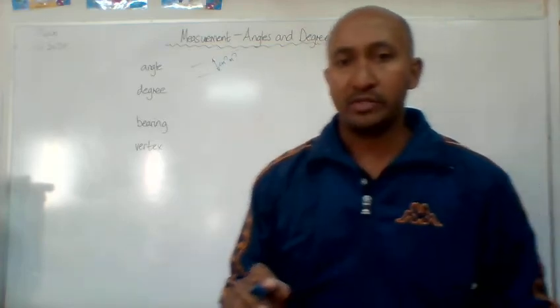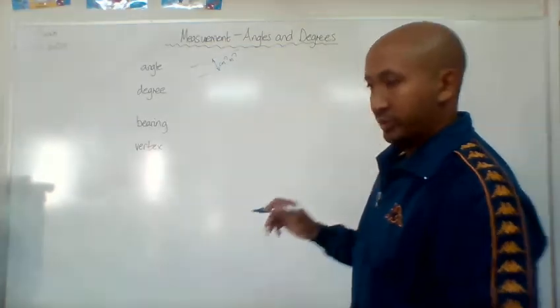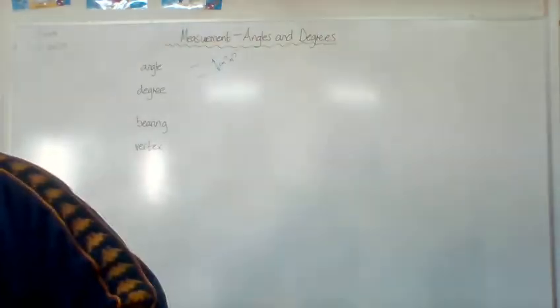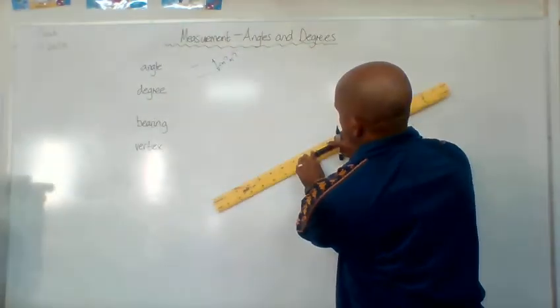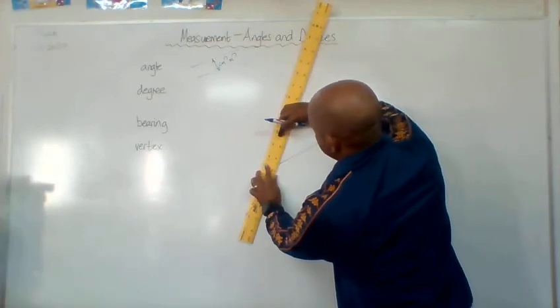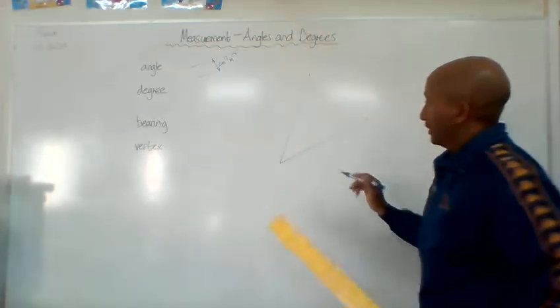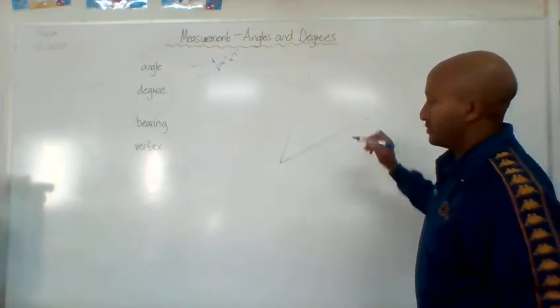What we're talking about are lines that converge, that meet. So we are going to be looking at something like this, where two lines meet. There is a measurement of space between them.